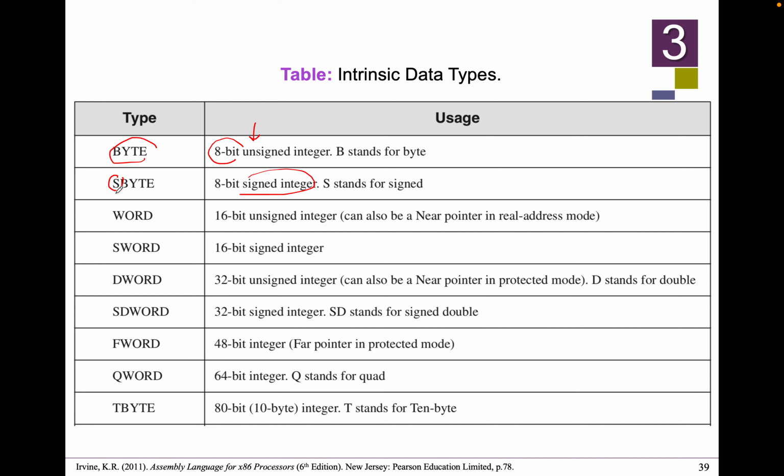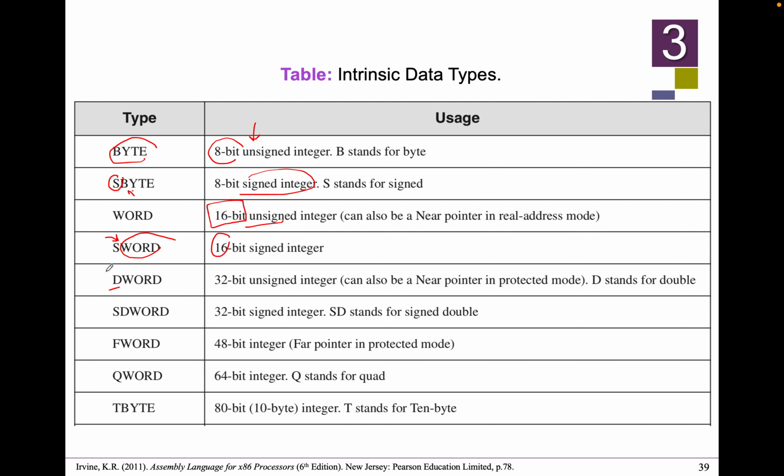S stands for sign, B stands for byte. Next you have WORD, which means 16 bits and it is unsigned. For signed, it has S and it remains the same, WORD, which is 16 bits.